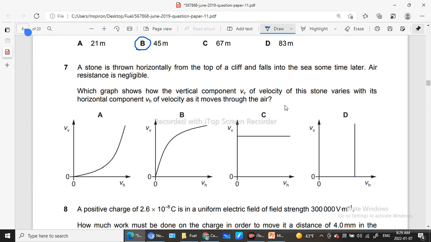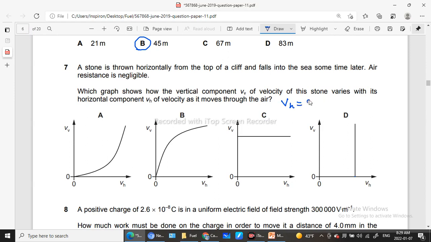The horizontal velocity remains constant. VH equals constant because the air resistance is negligible. But the vertical velocity VV is increasing linearly with time, equals g, gravitational acceleration, times t.